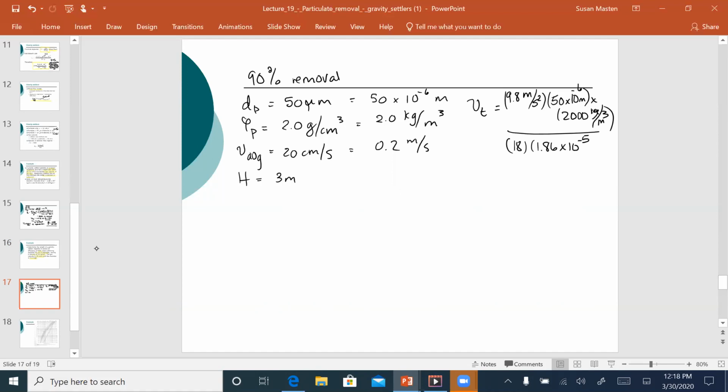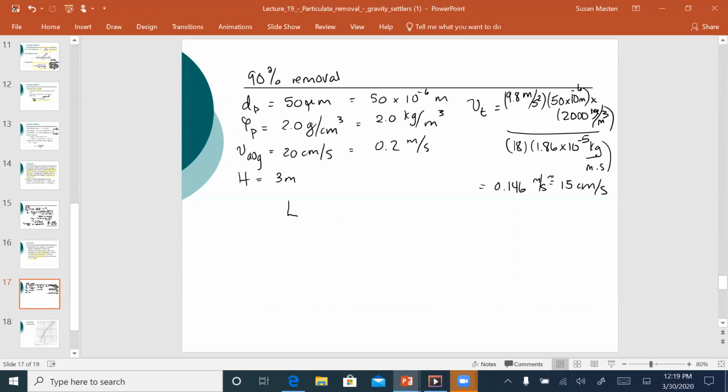The viscosity is given. And that is 0.146 meters per second, or about 15 centimeters per second. So about 15 centimeters per second is our terminal settling velocity.